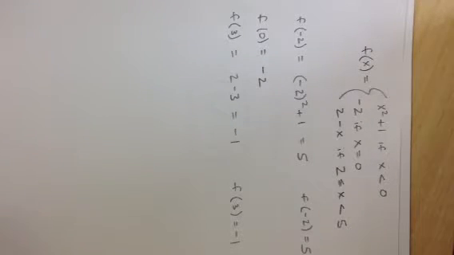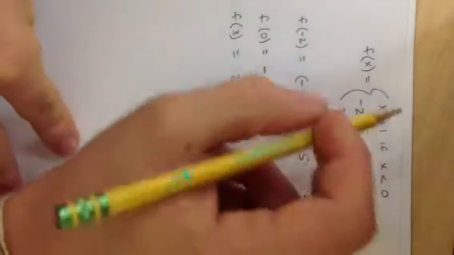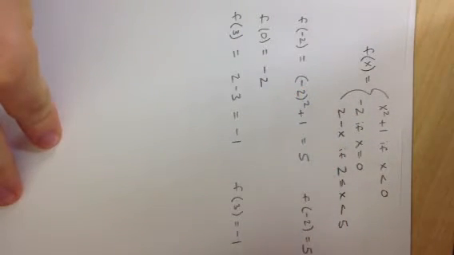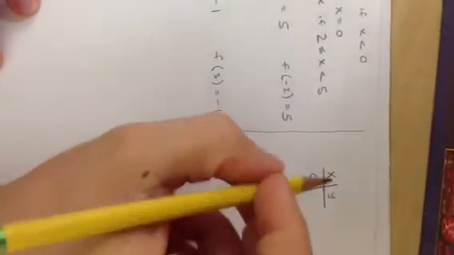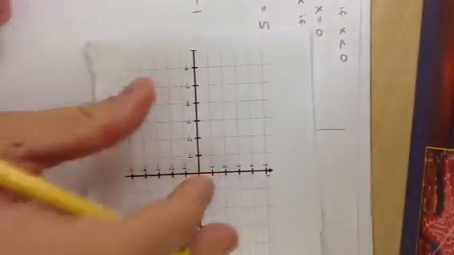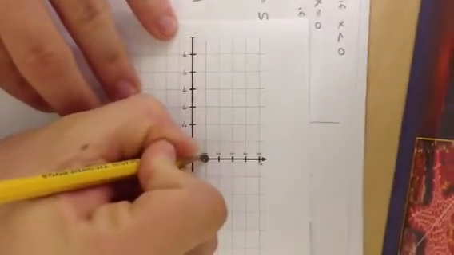And to graph this function, you're going to look at the restrictions that are given for the first equation. And that's going to be a parabola because it's x squared. So you're going to do an xy chart starting with the restriction, so 0, and 0 squared plus 1 is 1, so 0, 1, and that's going to be an open circle because it's not included.